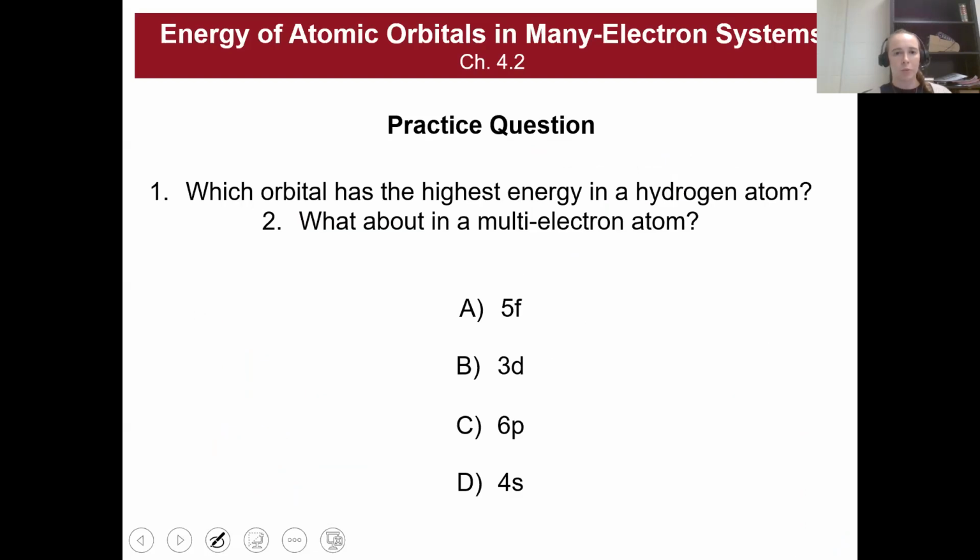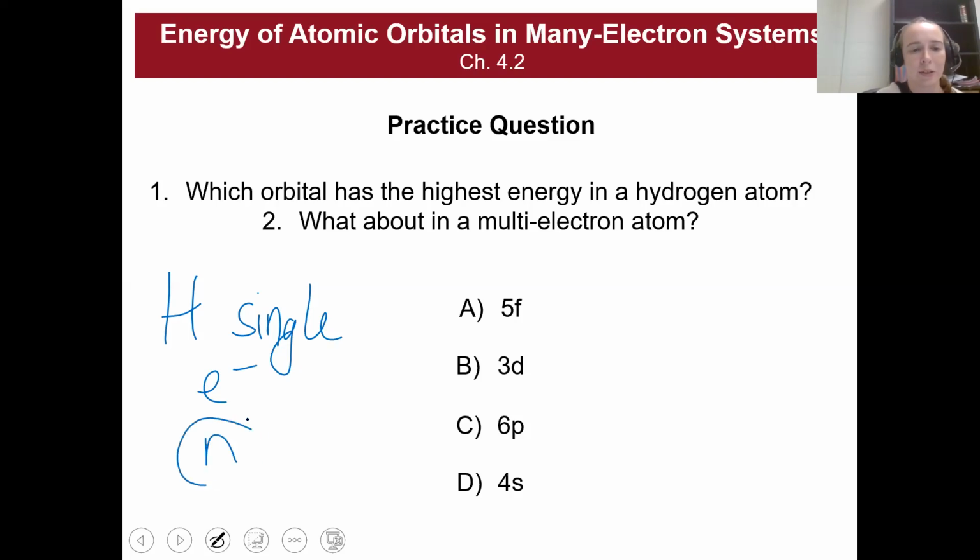All right, so let's have a little practice here. Which orbital has the highest energy in a hydrogen atom? Well, hydrogen, it just depends on N. Hydrogen is our single electron system, and it only comes down to the N. So our correct answer for the hydrogen atom is C. But what about in a multi-electron atom or many electron system?